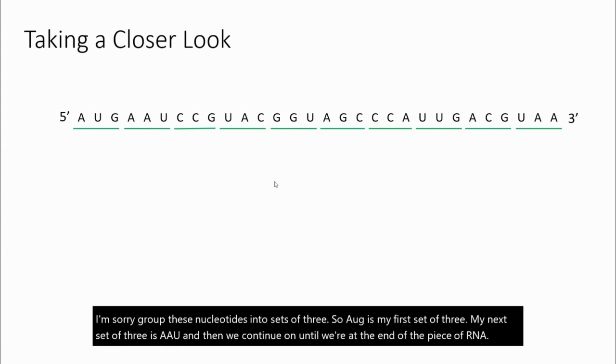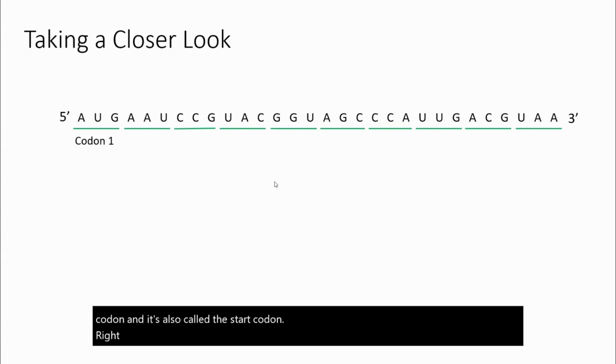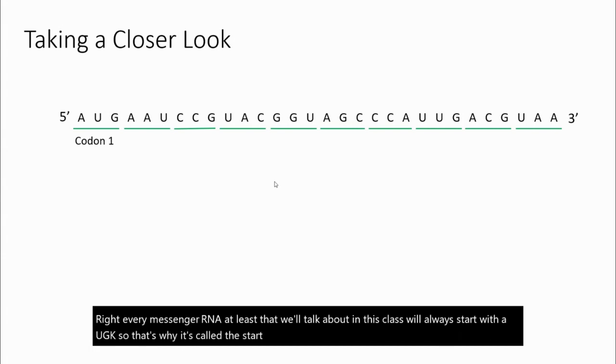We have a term for these groups of 3, and that is codon. So AUG is going to be the first codon, and it's also called the start codon. Every messenger RNA, at least that we'll talk about in this class, will always start with AUG. Okay, so that's why it's called the start codon.